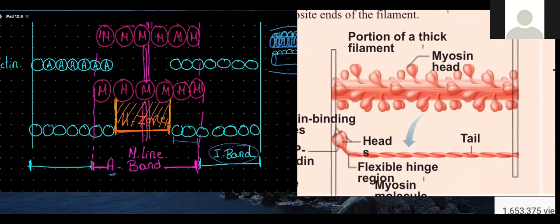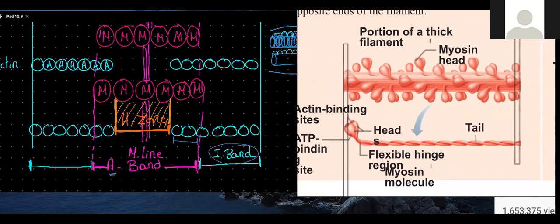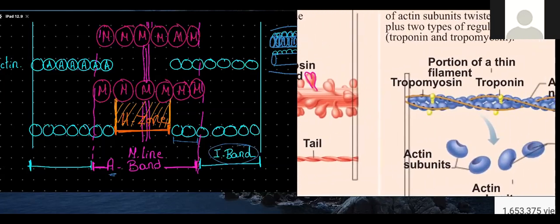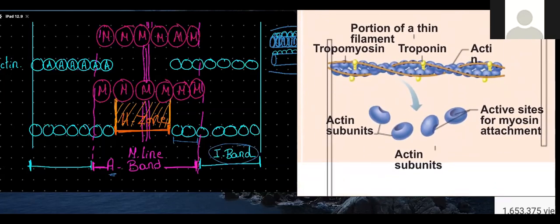So looking closer at the structure on here of the thick filaments formed of myosin subunits. They have myosin heads that will allow them to bind to the actin. Compared to the thin filaments, they are mainly formed of actin subunits. On each one of them, you're going to have the binding site for the myosin head, because this is the myosin binding site on the actin subunits.